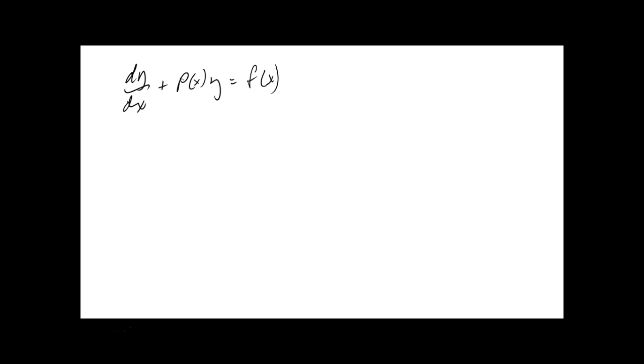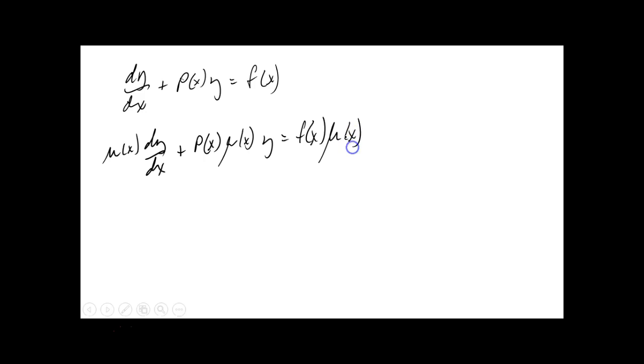Okay, first step. Now they're going to multiply everything on both sides by this strange little special function mu of x. We don't know what it is, but we're going to get there. So now we'll have mu of x dy/dx plus p of x mu of x y is equal to f of x times mu of x.